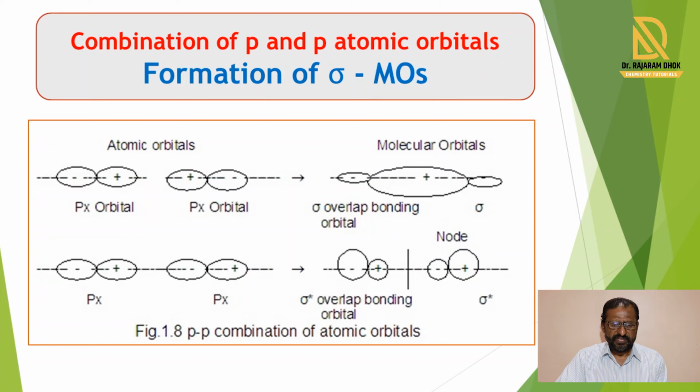Then the plus wave function and the minus wave function of those p orbitals repel each other, and both the p orbitals go away from the center, or away from the node, to a certain distance, and such type of orbital is called a sigma star molecular orbital. So in this way, by combination of p and p atomic orbitals, one sigma bond is formed and the other, sigma star antibonding, is formed.